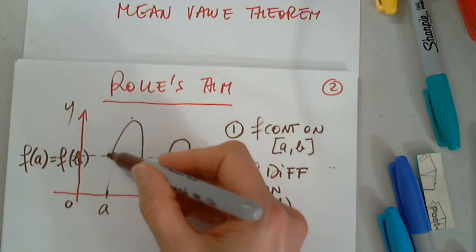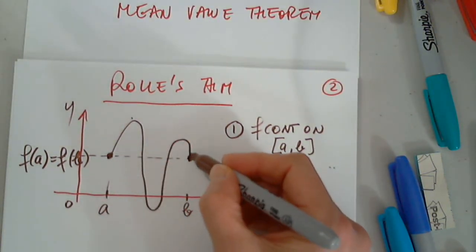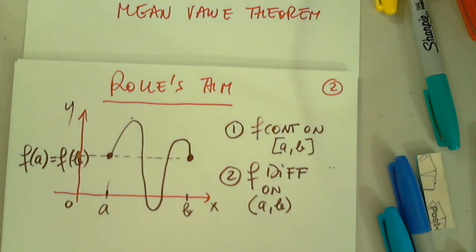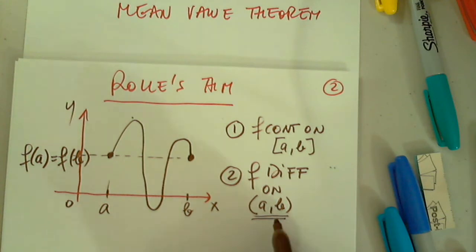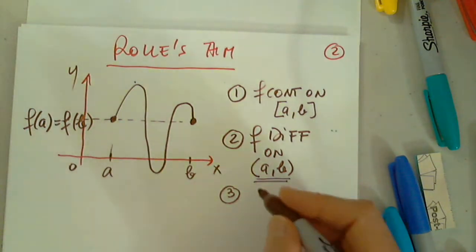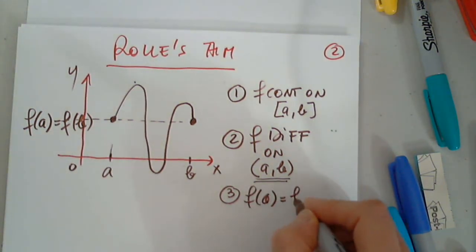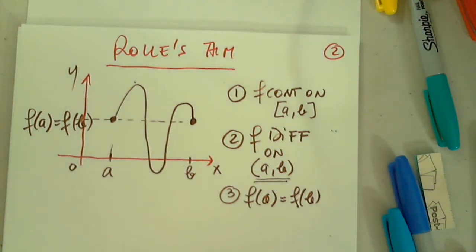Nobody cares if it's differentiable at this point and this point. It may be, that's fine. But the requirement is that at least it's differentiable anywhere in between. It can be not differentiable at the endpoints. Nobody cares. And number 3, f of A equals f of B. I should say the third hypothesis.